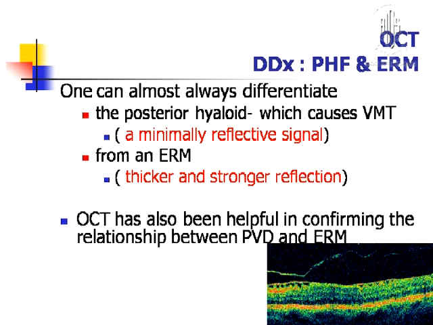This is green colored in a color-coded OCT, a minimally reflective membrane compared to an ERM, which is a stronger, thicker cellular membrane which gives a stronger reflection. This is again the same slide. You can differentiate between a process of VMT which this can cause, or epiretinal membrane traction which this can cause.